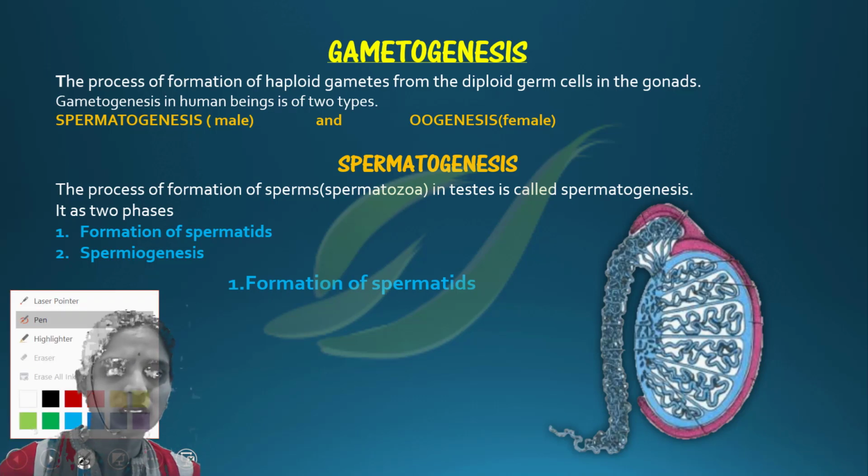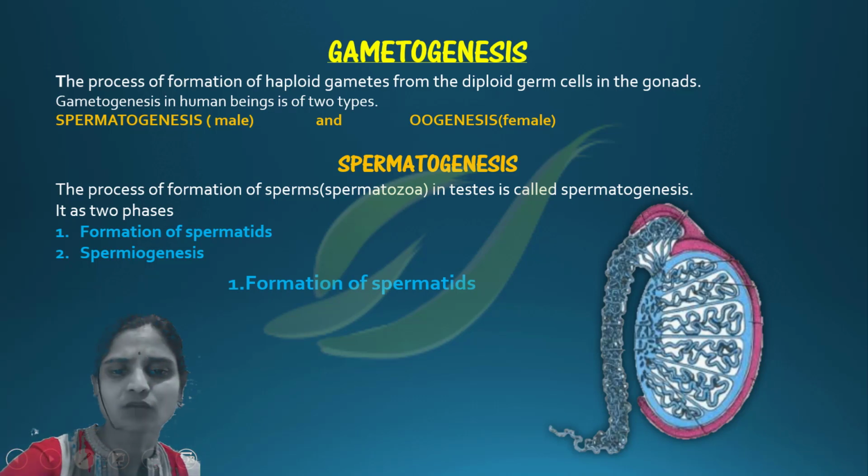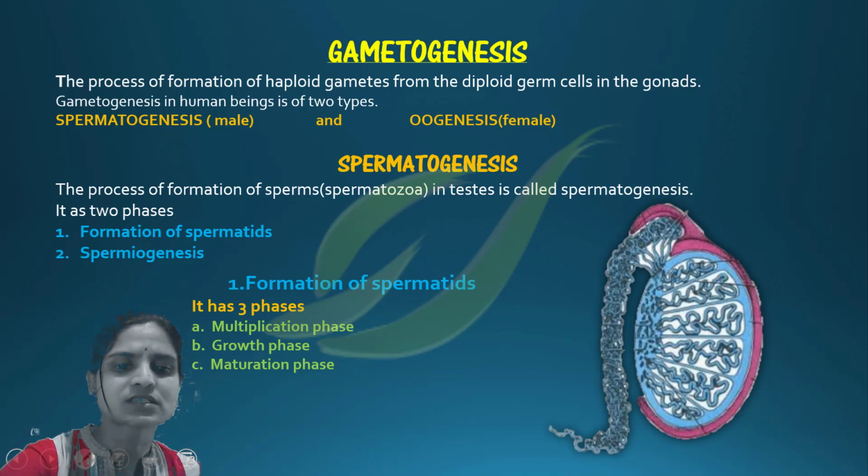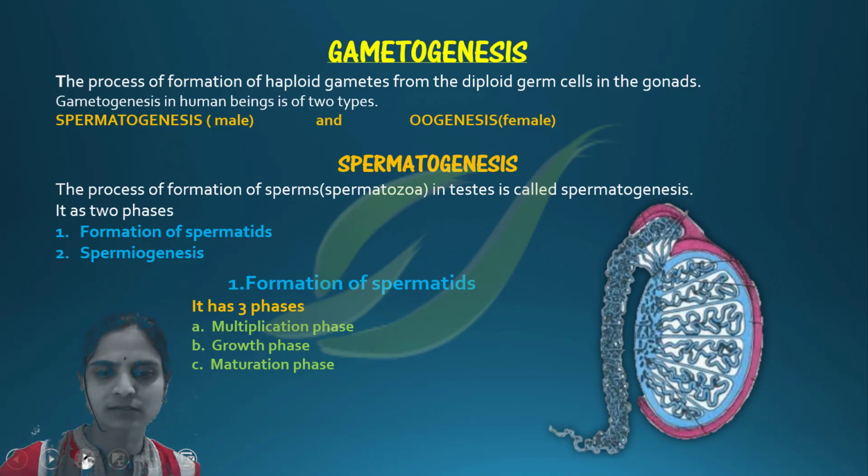First we study how the spermatids are formed. It takes place in three phases: the multiplication phase, the growth phase, and the maturation phase.